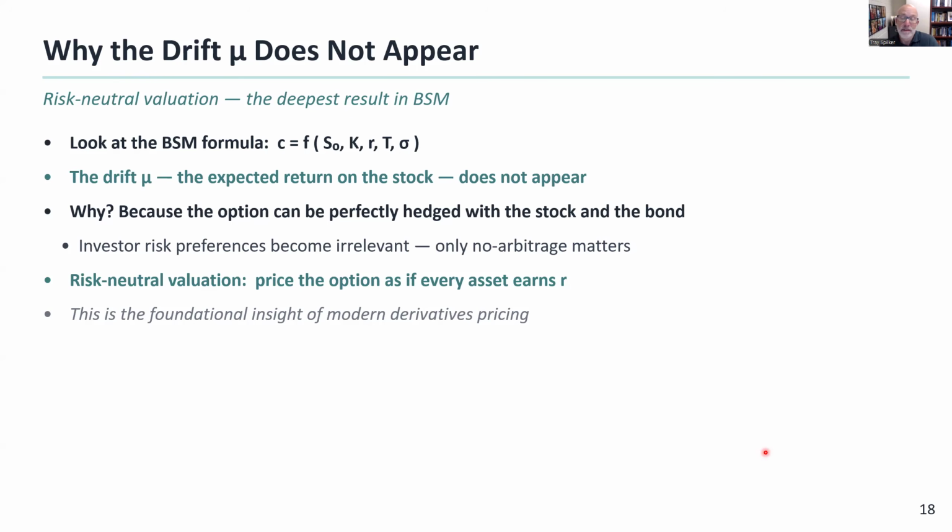And in fact, this insight is what won Merton and Scholes the Nobel Prize for economics. Why did Fischer Black not win it? Well, unfortunately, the Nobel Prize cannot be awarded posthumously. He died a year before they awarded this Nobel Prize.